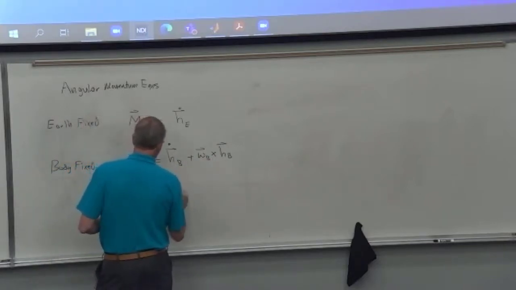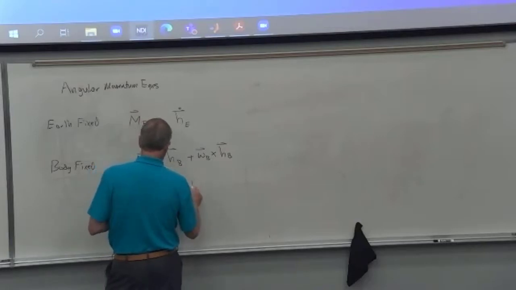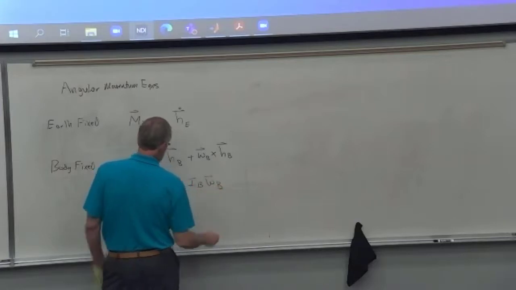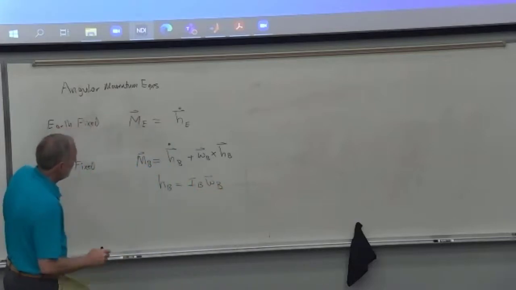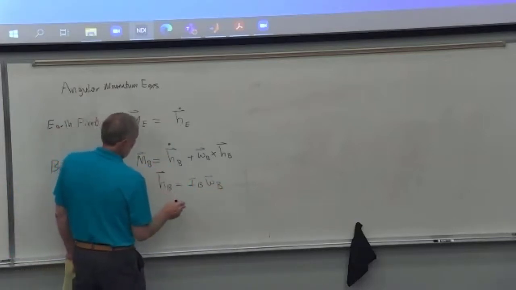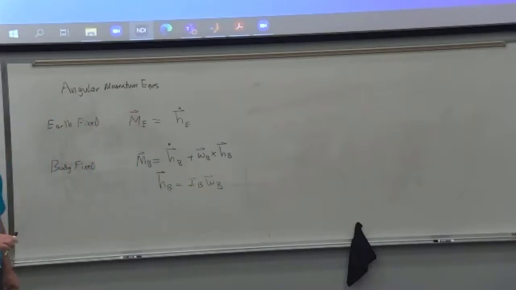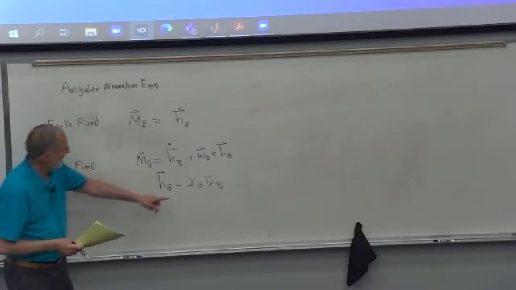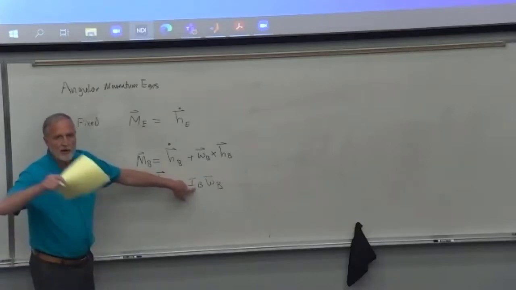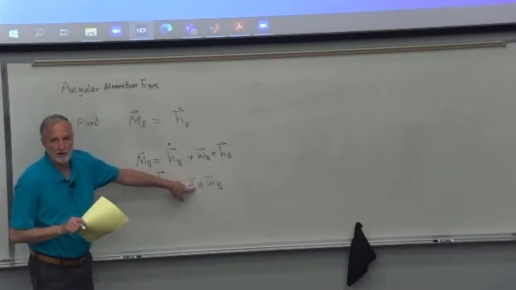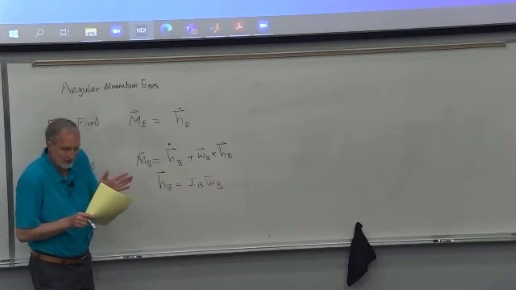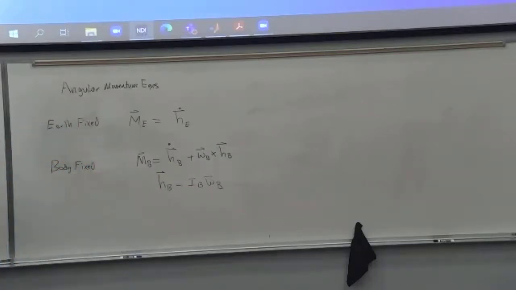The other reason we do things in the body fixed axis system is you can write HB in terms of I, this moment of inertia matrix, and those are constant with time if your axis is attached to the body, because the body is rigid and it stays in the same position relative to x, y, z.